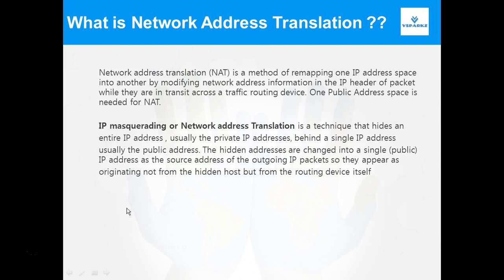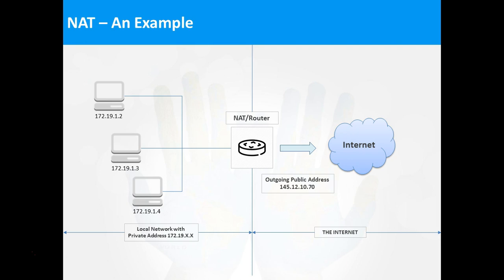Let us see the concept of NAT with an example. In this example, you can see the internal IP range, that is 172.19.1.x.